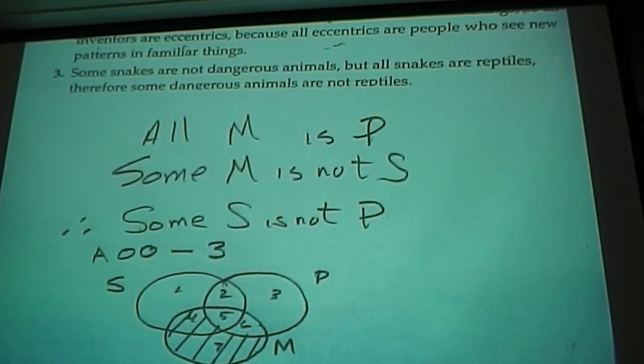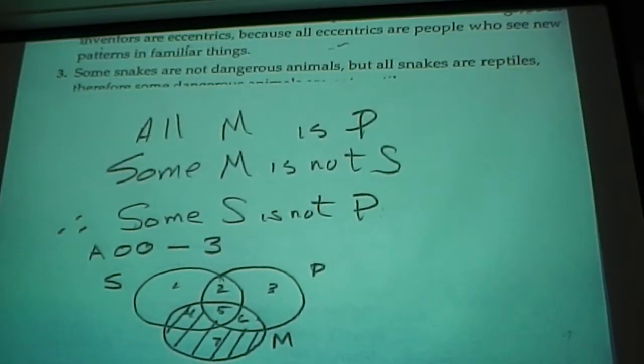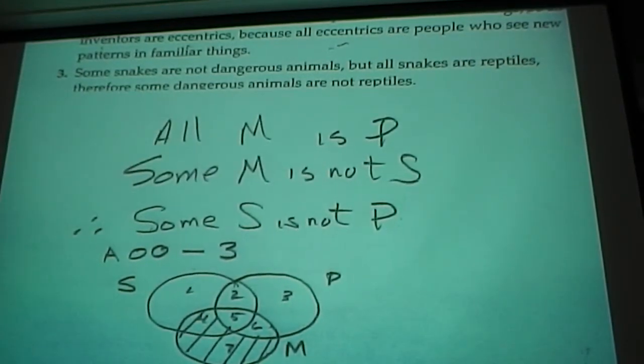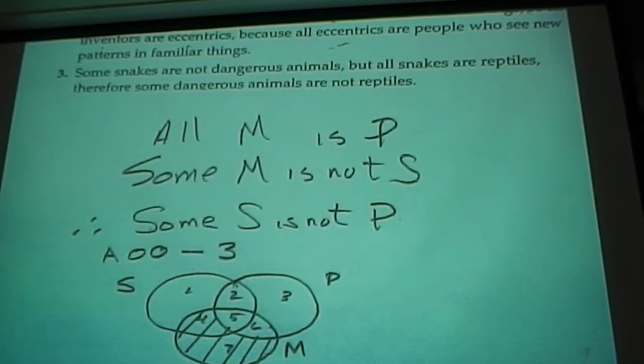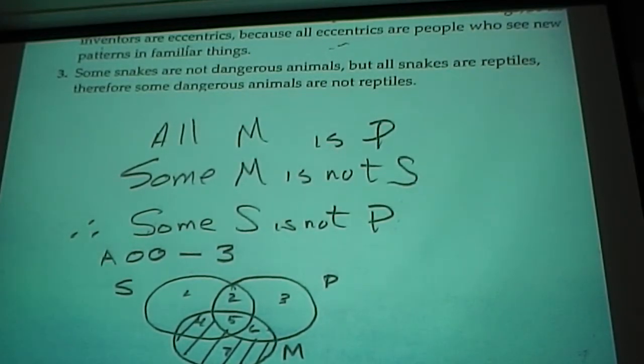I trust you have 4 and 7 crosshatched. Minor premise.